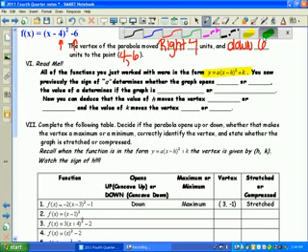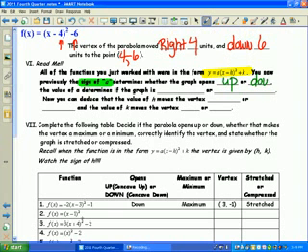The sign of A is going to determine whether it opens up or down. Okay? Whether our parabola opens up or down. The value of A, so the actual number of A, is going to tell me if we're dealing with compressed or stretched.